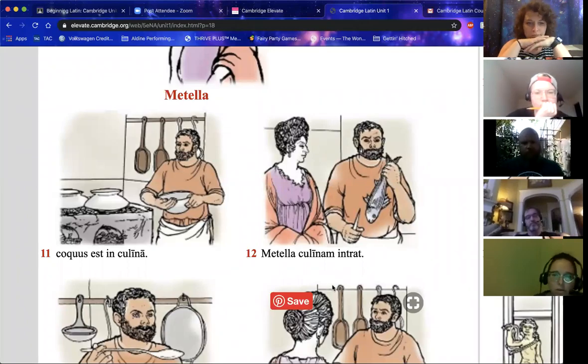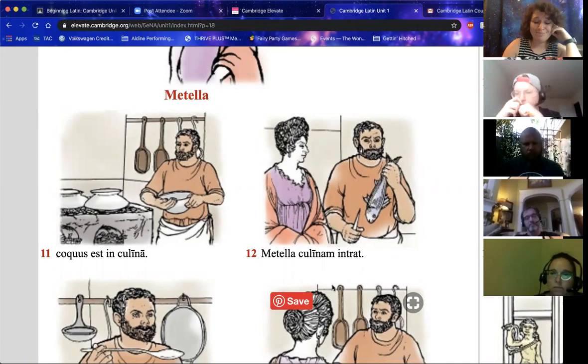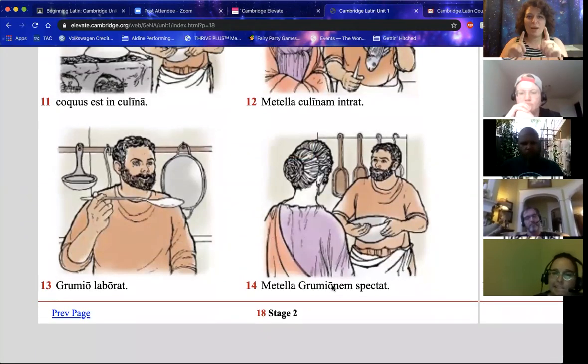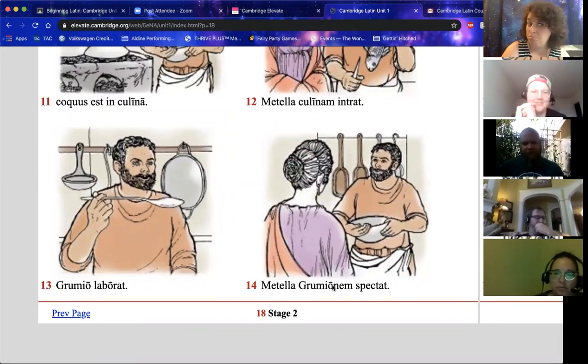Grumio, the cook, is in the kitchen, and Metella enters the kitchen. Correct. Very good. All right, Clay, what is Grumio doing, and then what is Metella doing?